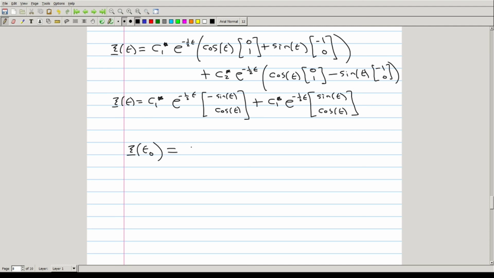This will end up being c1 star e to the negative 1/2 t naught times negative sine of t naught, cosine of t naught, plus c2 star e to the negative 1/2 t naught times sine of t naught, cosine of t naught.